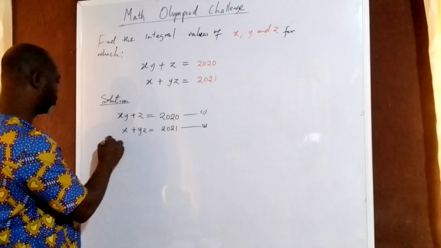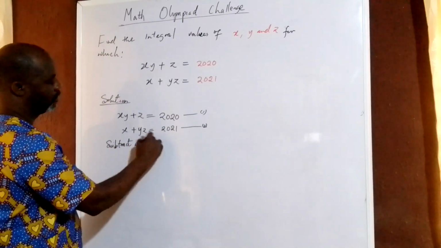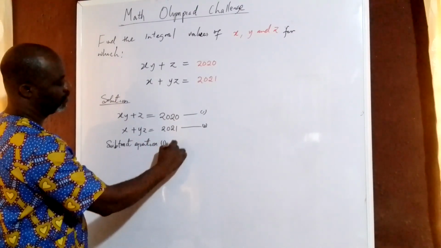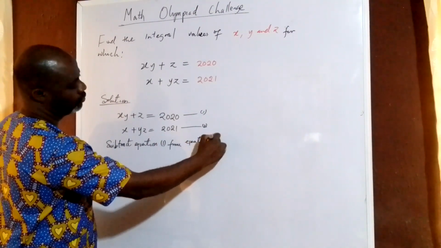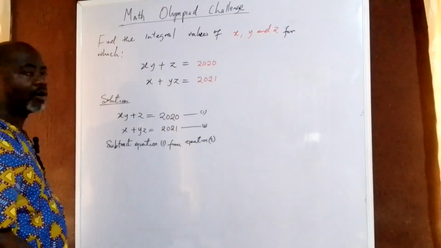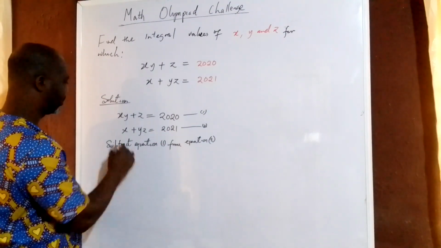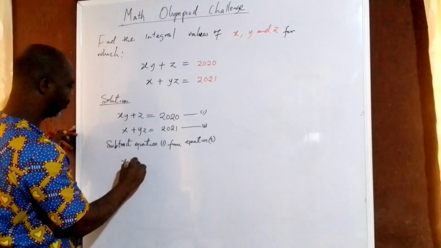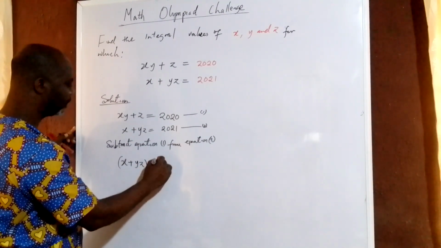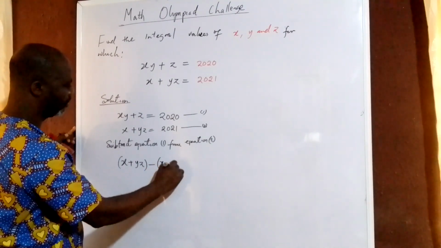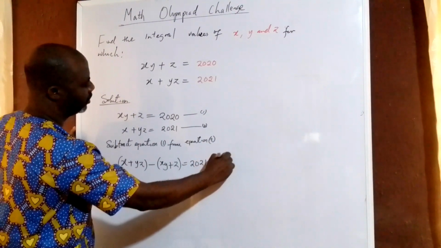You will say subtract equation 1 from equation 2. Once that is done, we say x plus yz minus (xy plus z) equals 2021 minus 2020.